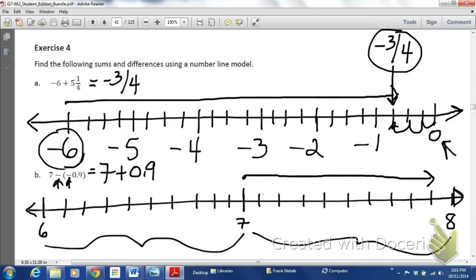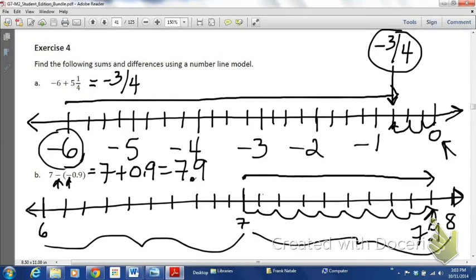So I've added 9/10, and where do I end up? I end up, of course, at 7.9. That's where I end up, right there. And that, of course, equals 7.9. And again, I've divided this up by tenths here. So I have 1/10, 2/10, 3/10, 4/10, 5/10, 6/10, 7/10, 8/10, 9/10, 10/10.